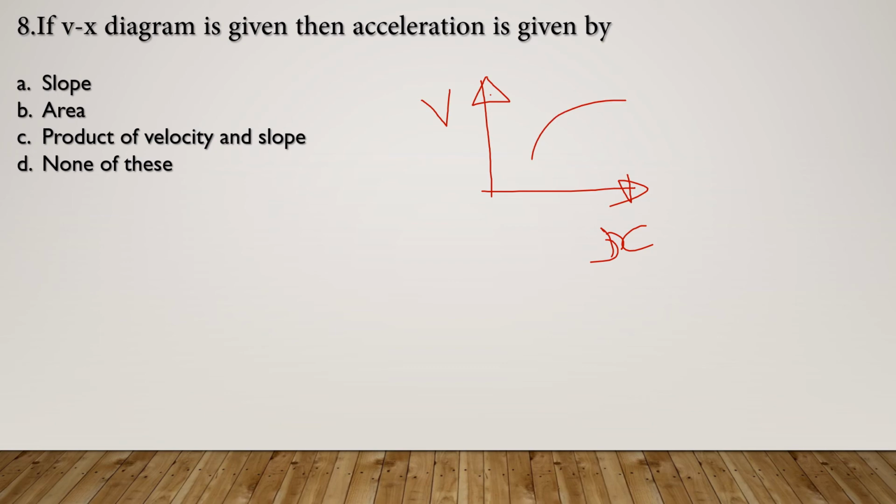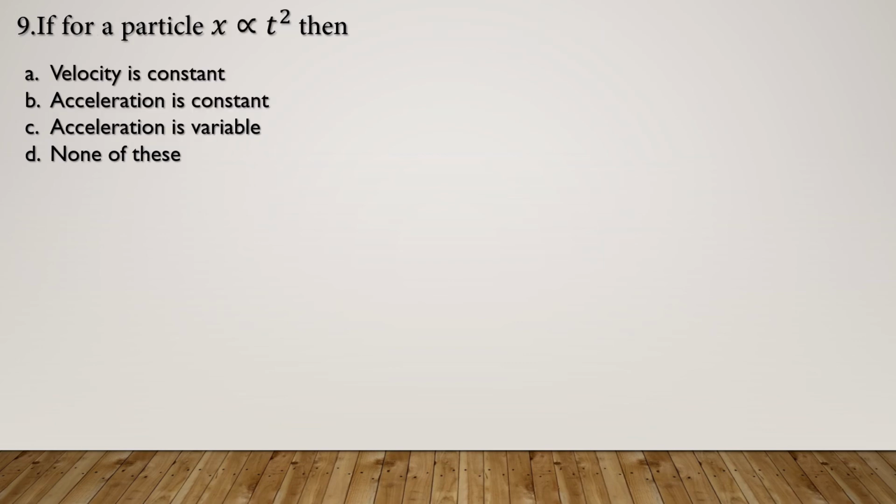Now, slope of this Vx diagram is nothing but dv by dx, and we know that acceleration is v into dv by dx, and that is why the correct option is option C, that is product of velocity and slope, that is the acceleration. So option C is the correct option.